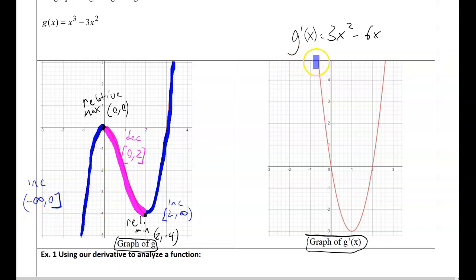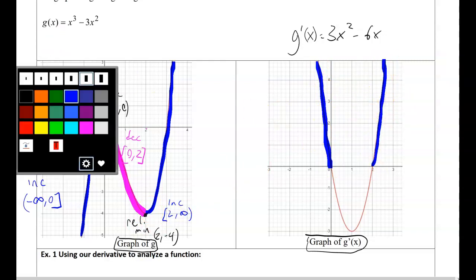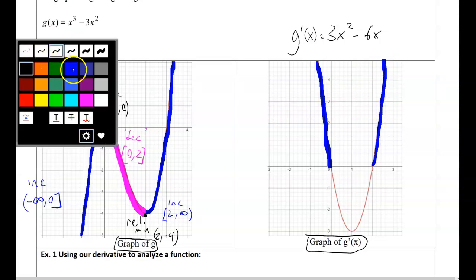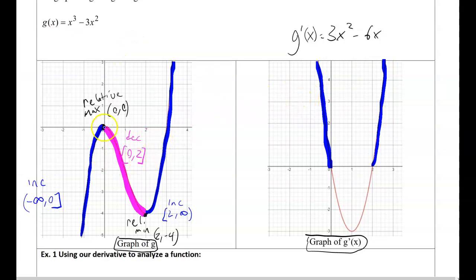So now what we're going to do here is we're going to annotate the same intervals in the same color. So I'm going to start with negative infinity to 0 in blue on g prime. Negative infinity to 0 would be like that, and then we also annotate 2 to infinity. So notice on these intervals where my function was increasing, we have g prime is greater than 0 on both of these intervals.